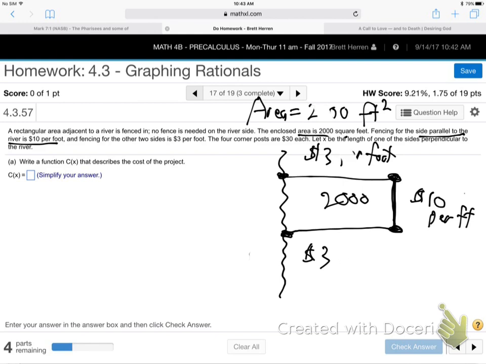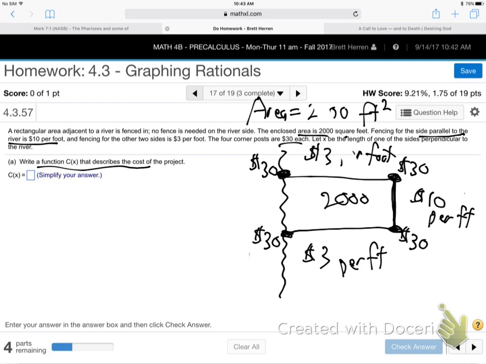This is a price comparison of different kinds of fencing, I guess. Making sense there? That's what they're saying? Uh-huh. The 4 corner posts are $30 each. So each of these guys is $30, $30, $30, $30. And the question is, well, eventually we're going to start with a cost function.